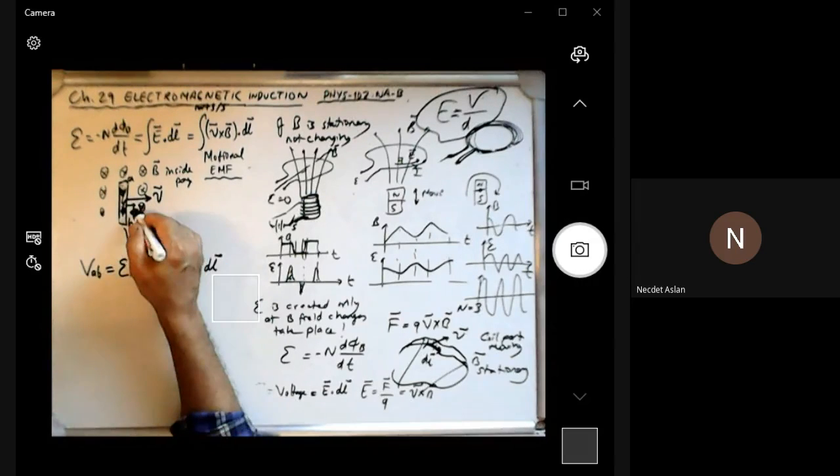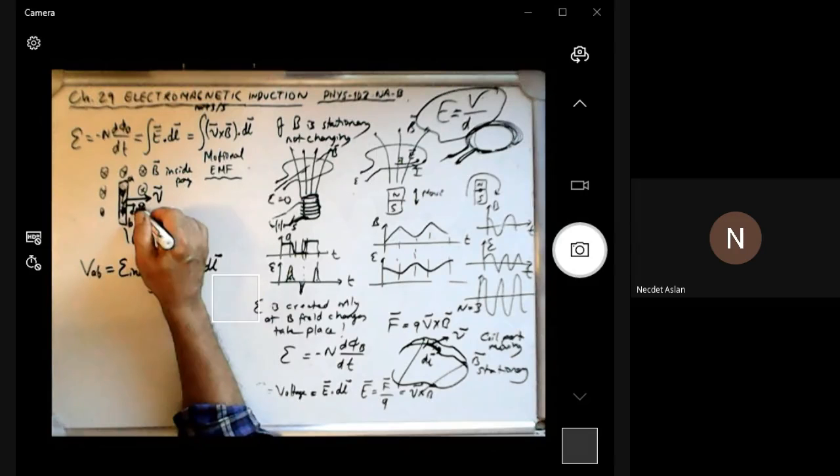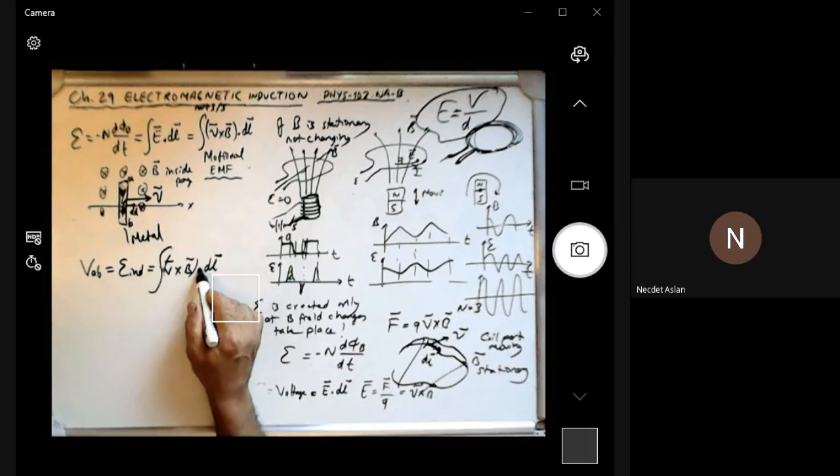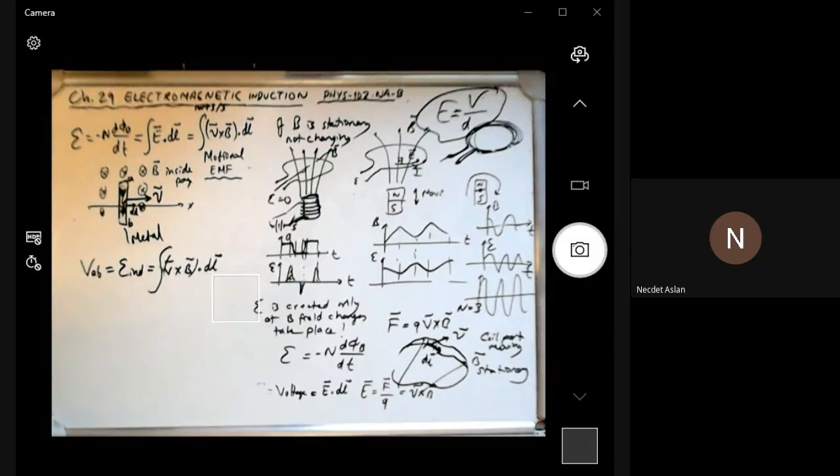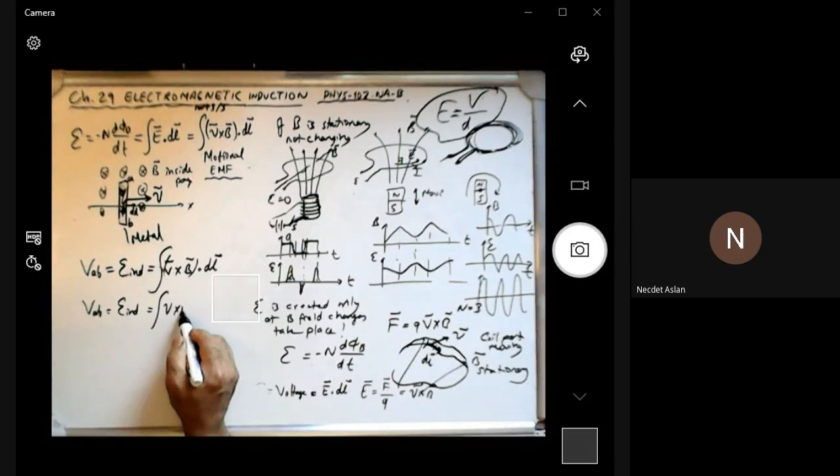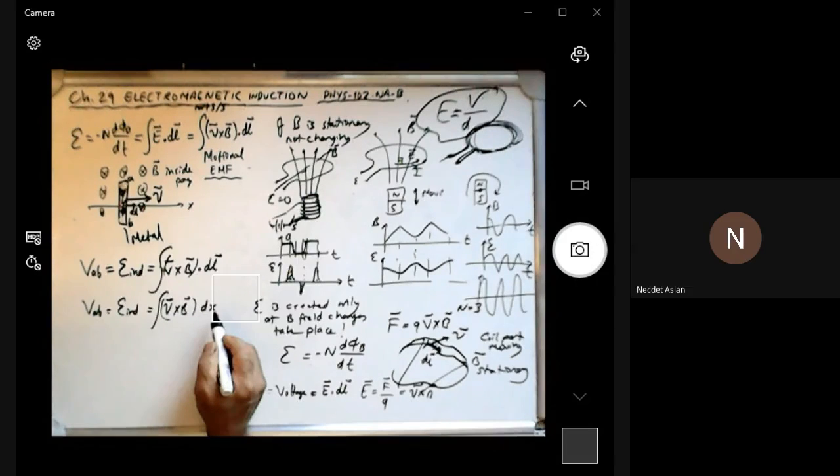So this dl is a vector, but it may be only one dimensional. In this case, we have to write this as VAB, or induced motional EMF, is V cross B, whatever the vector product is, times dx times cosine theta.